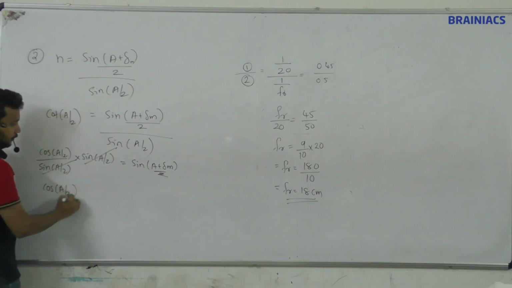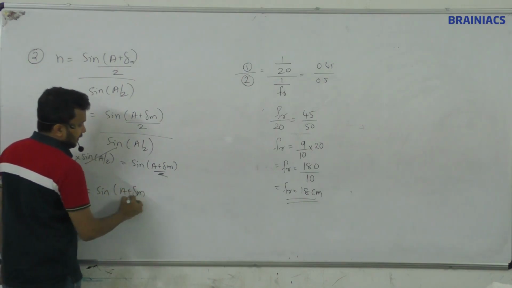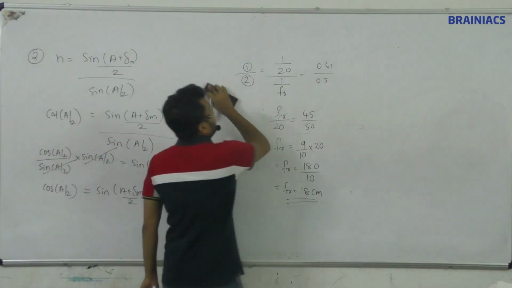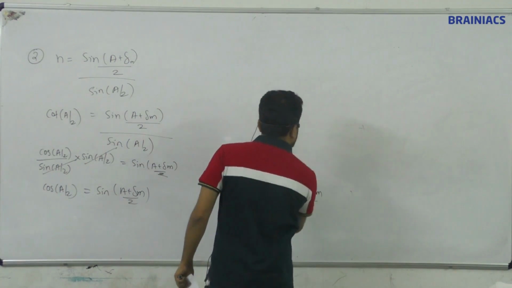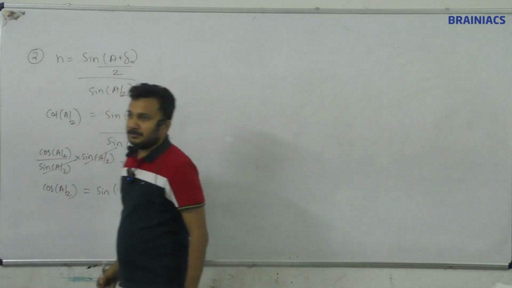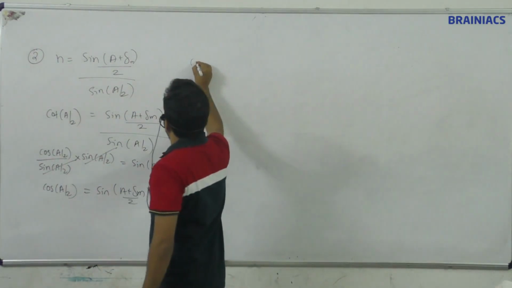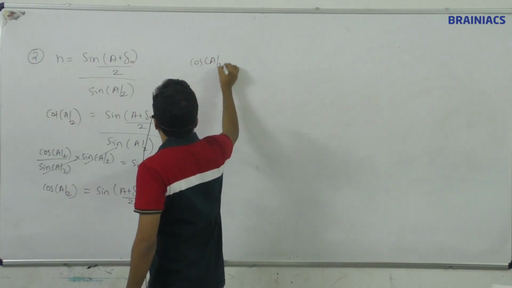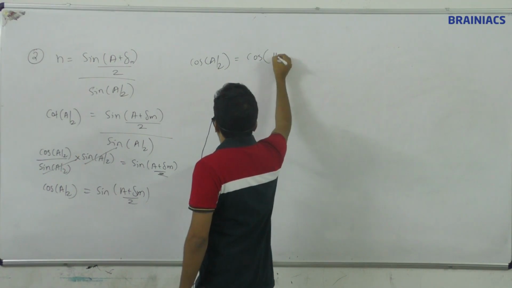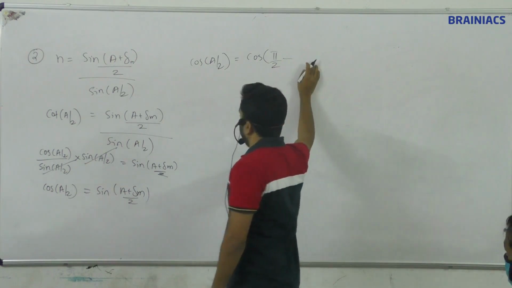Cos A by 2 is equal to sine of (A plus delta m) divided by 2. How to solve? Cos of A by 2, I am writing as cos of 90 minus, I can write, right? Pi by 2 minus.